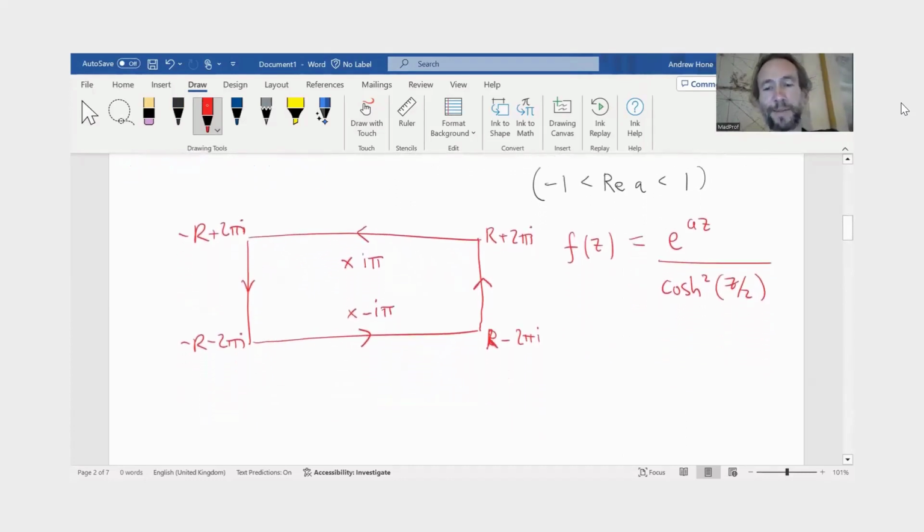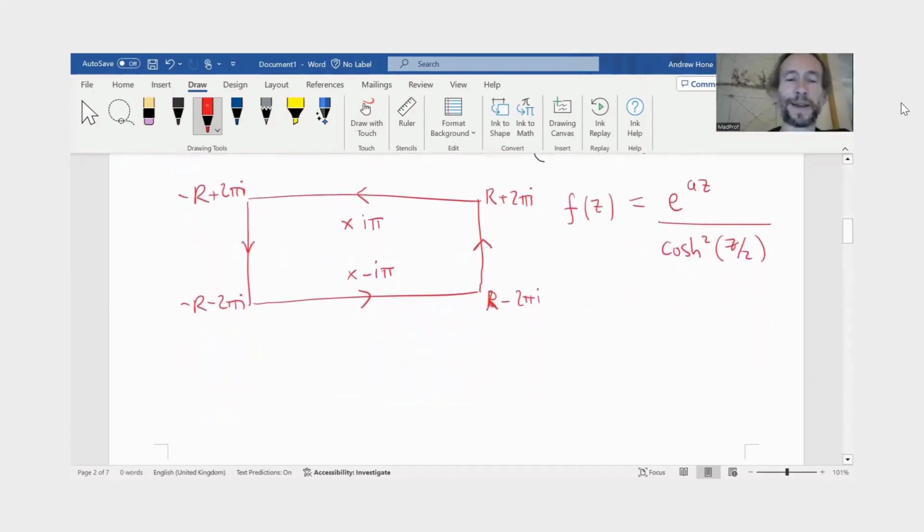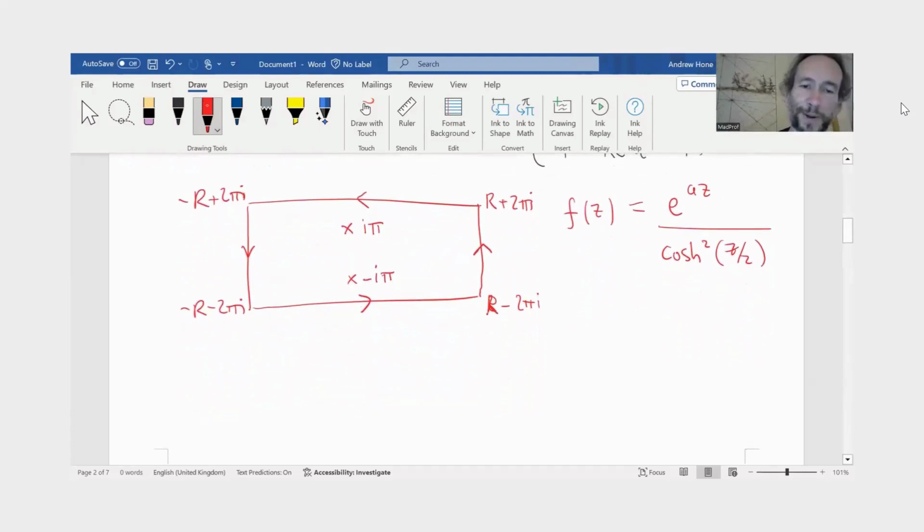So here's our problem. If we call this contour gamma or something, then what we're trying to calculate is the contour integral of f of z dz.